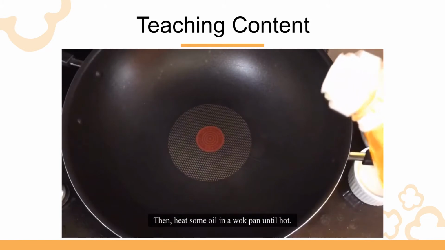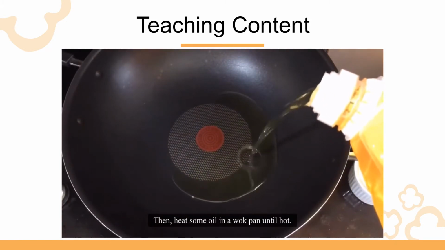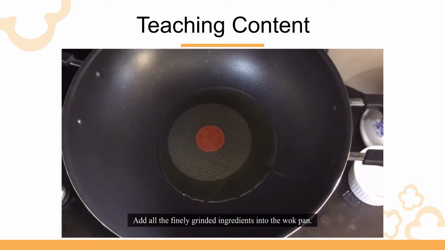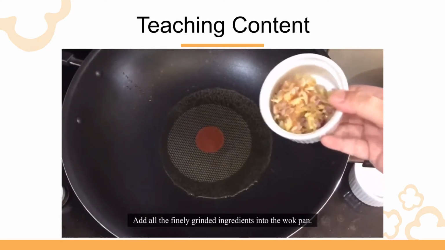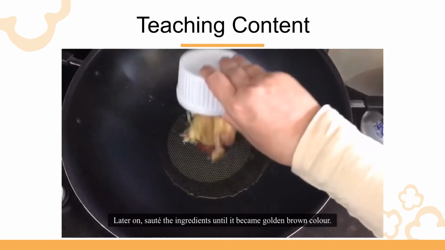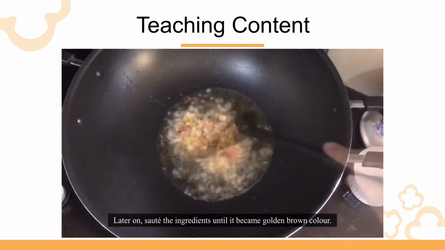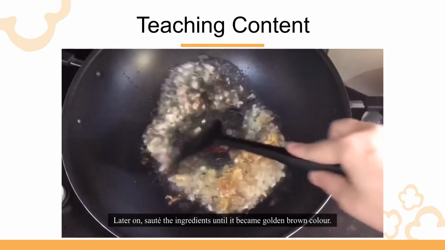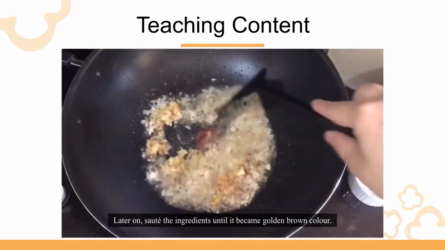Then, heat some oil in a wok pan until hot. Add all the finely ground ingredients into the wok pan. Later on, saute the ingredients until they become golden brown.